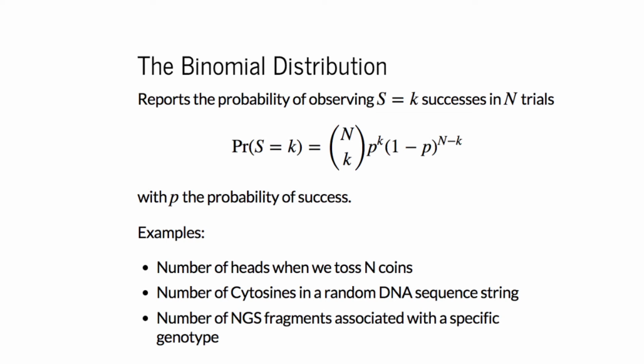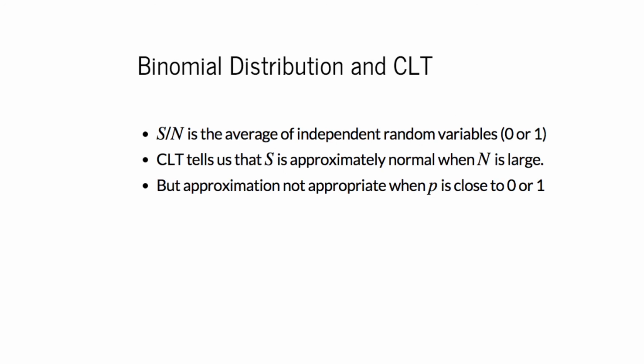Now, one thing that we have seen before is that because the binomial distribution is modeling the sum of independent random variables, they're 0 or 1, but they're random variables, then if you divide by n, you're basically looking at an average. The central limit theorem then tells us that S has to be approximately normal when n is large.